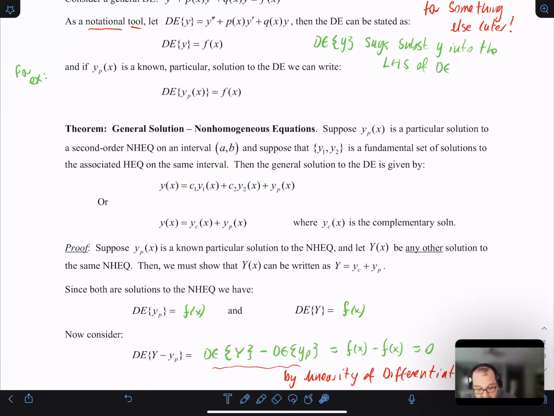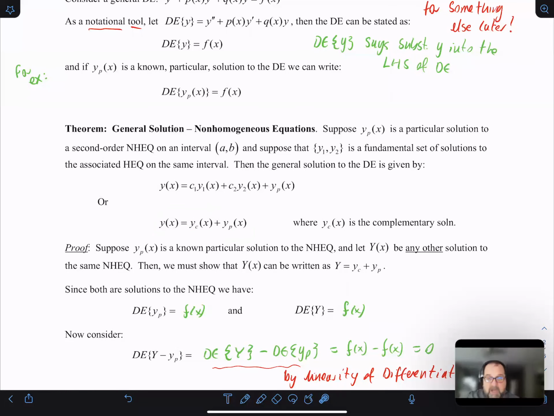Using the new notation and terminology from this section, the general solution to the NHEQ is the complementary solution plus any particular solution. Complementary solution was our new terminology for the solution to the associated HEQ. We learned how to find y sub c in the previous section, in 2.2, where we solved those. So if we can find any particular solution to the NHEQ, then we can form a general solution to the NHEQ.